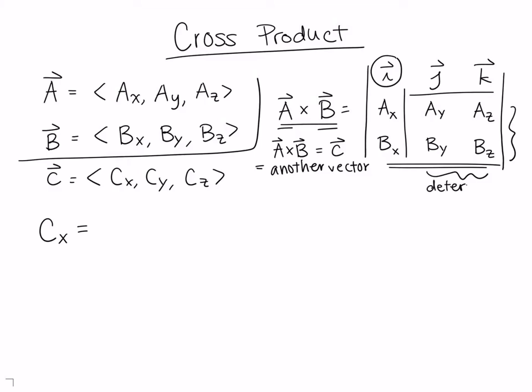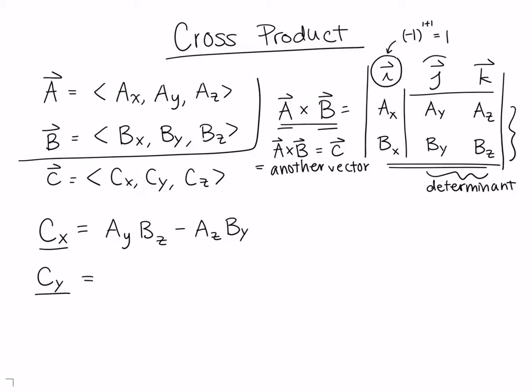When we take the determinant and multiply by -1 raised to the power of this position, namely 1 plus 1, it gives us 1, then we are left with the coefficient of CX. So let's do that. So when we find the determinant, we find that we have AY times BZ minus AZ times BY.